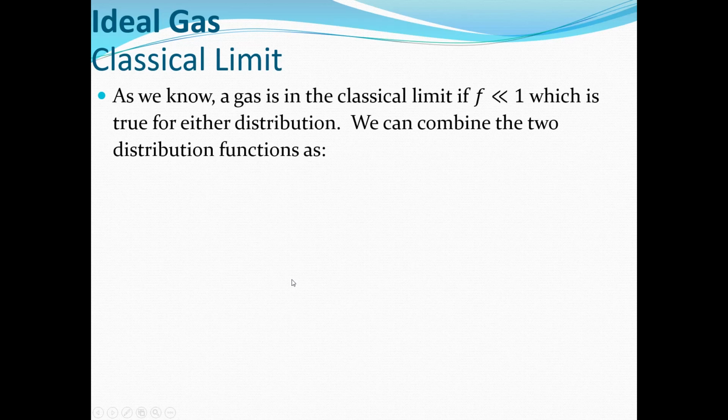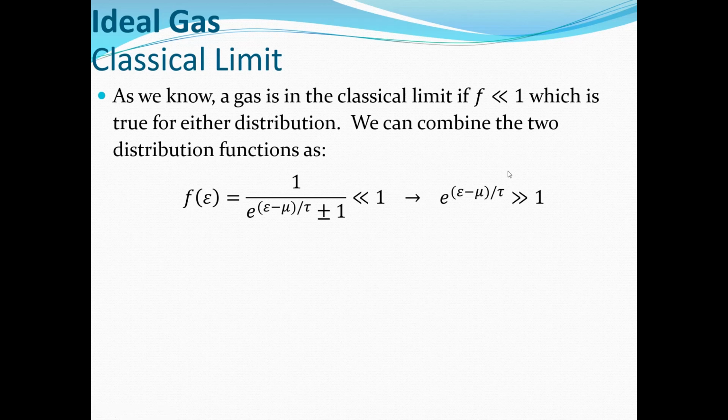All right, so here, because we can say the classical limit is when that occupancy is much less than 1, and that's true for either distribution, we can combine them to come up with a new statement. In the classical regime, this term is much less than one.